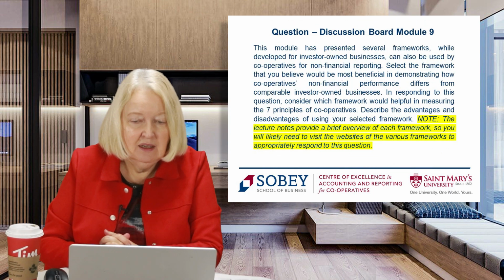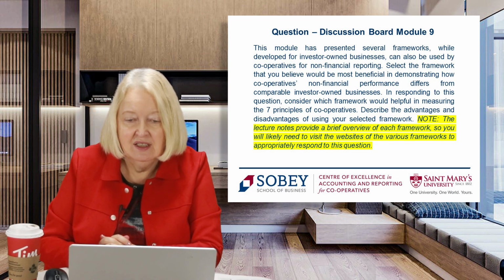So the Module 9 discussion board says this module has presented several frameworks, which, while developed for investor-owned businesses, can also be used by cooperatives for non-financial performance reporting. So select a framework that you believe would be most beneficial in demonstrating how cooperatives' non-financial performance differs from comparable investor-owned businesses.